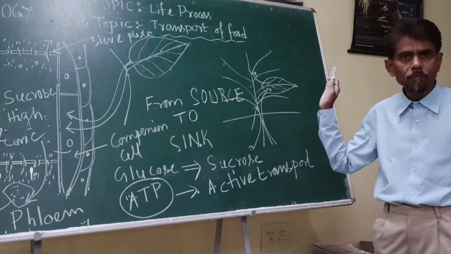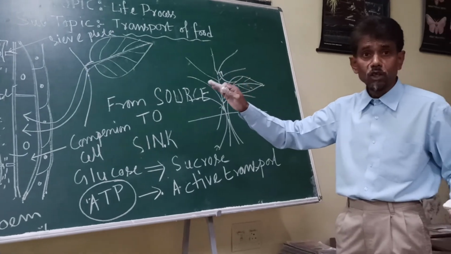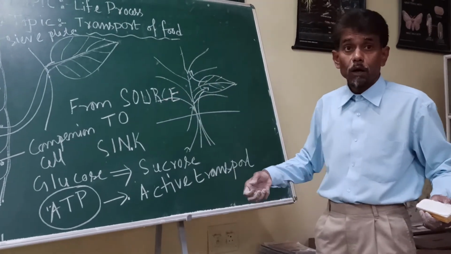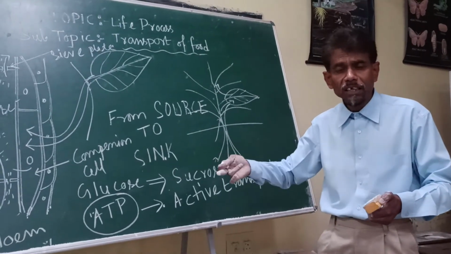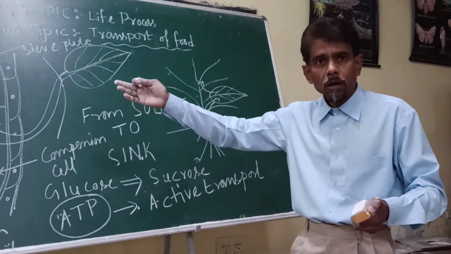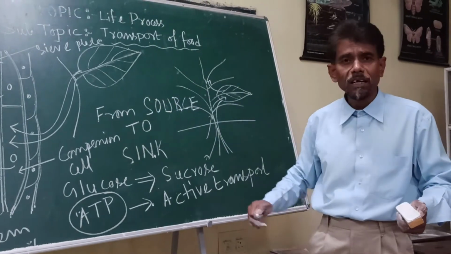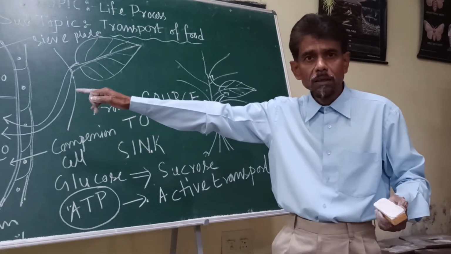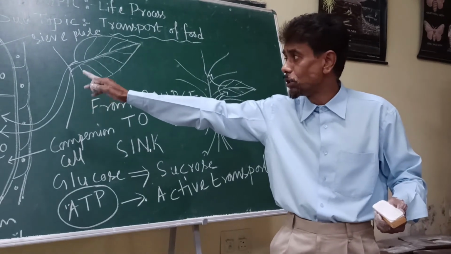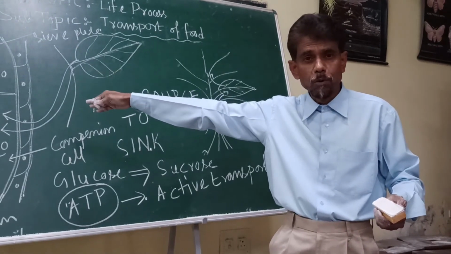Is that very clear? Now once it reaches the companion cell, the concentration gradient is increasing, so it is drawing water from the adjacent xylem tissue, that is, the xylem vessel which is running parallel to this sieve tube.